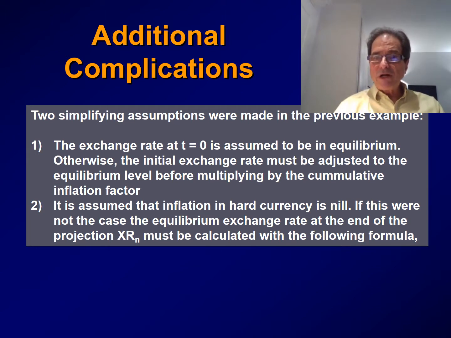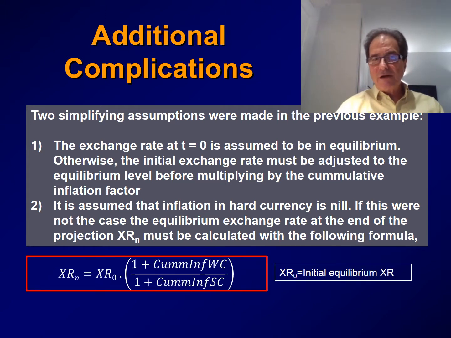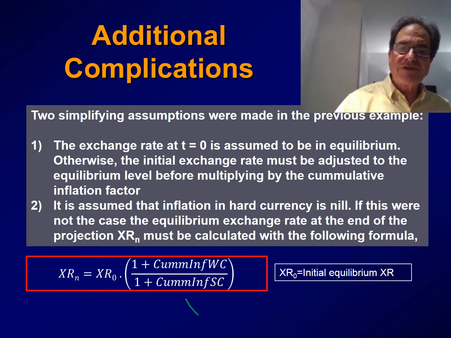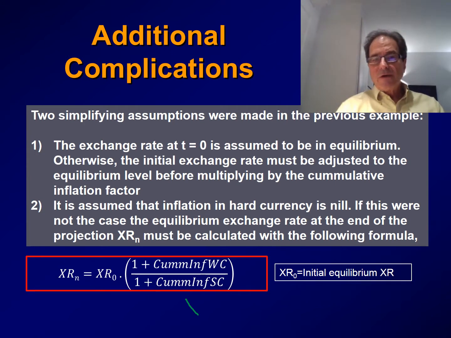Well, if this were not the case, the equilibrium exchange rate at the end of the projection, that we will call XRN, must be calculated with this formula down here. This formula accounts not only for cumulative inflation in weak currency, but also for cumulative inflation in a strong currency.